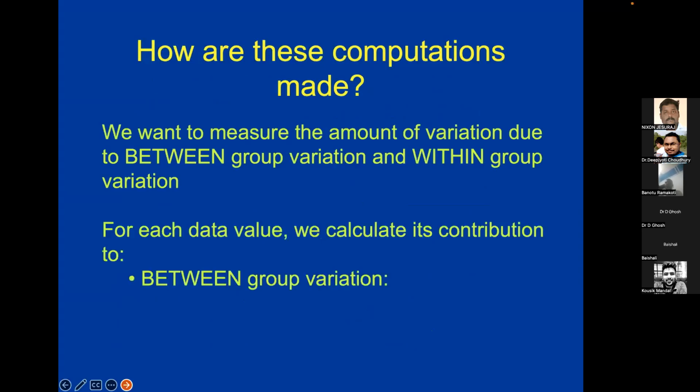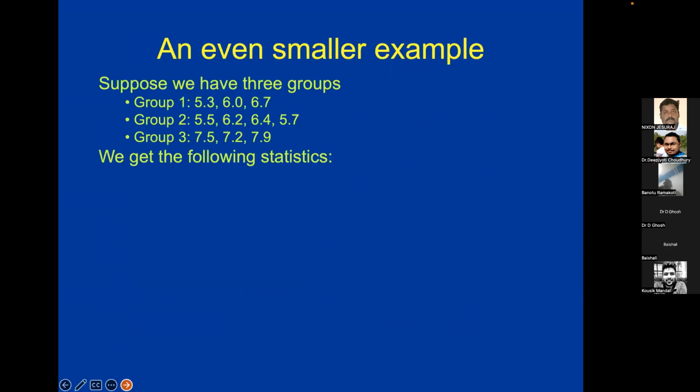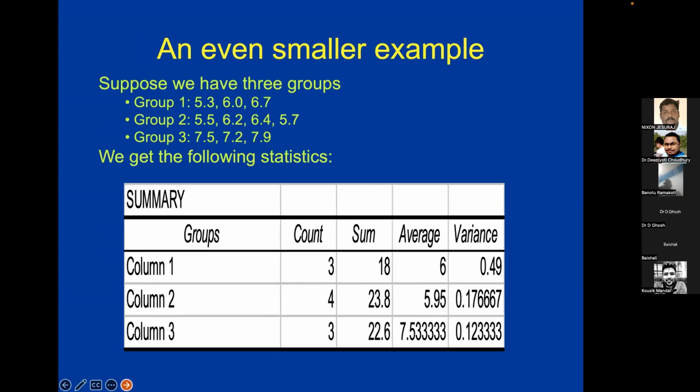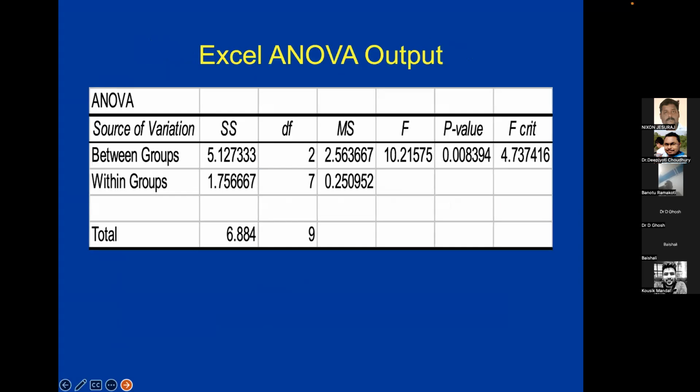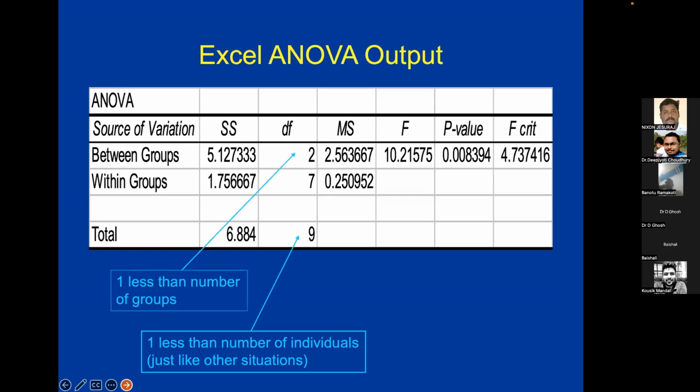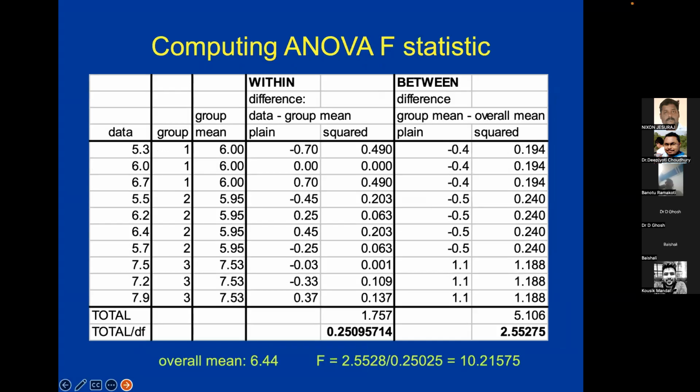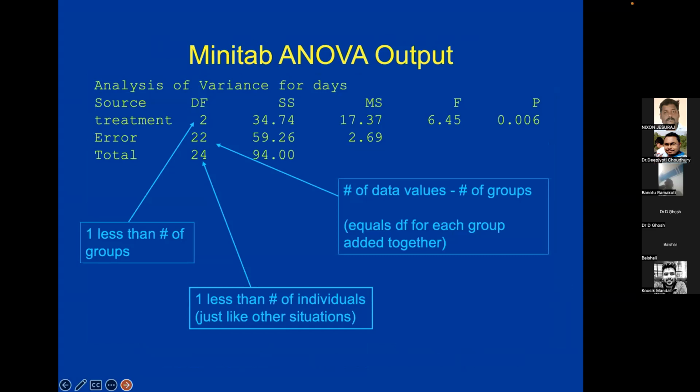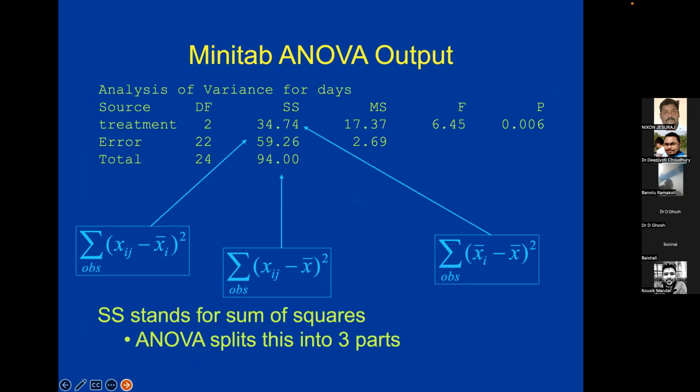There are some calculations between groups and within groups. A similar example I have already shown, solved through Excel, and the Excel calculations we have plotted. These are the few observations that I made.